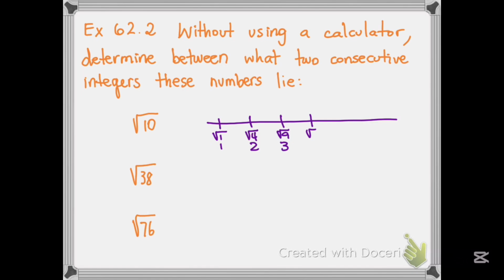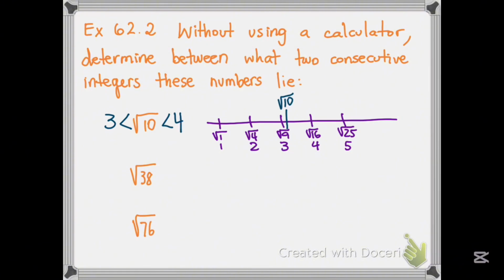The square root of 16, which is 4. The square root of 25, which is 5, and so on. If I have to locate where the square root of 10 is, it's somewhere here. That's where the square root of 10 is. So I can say that the square root of 10 is between 3 and 4. And that's how we're going to put it.